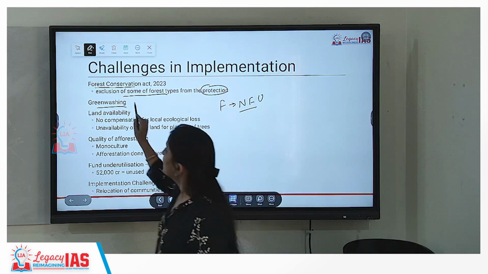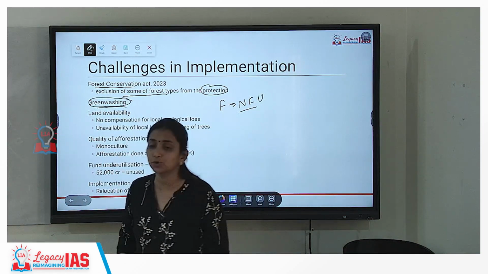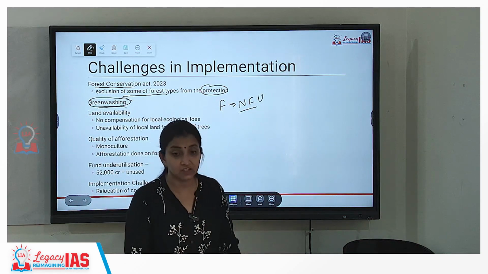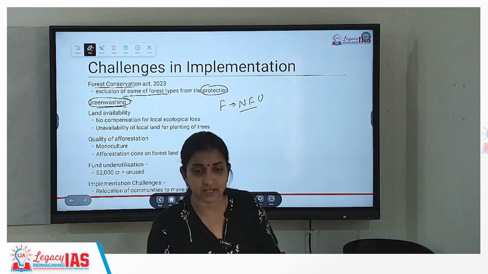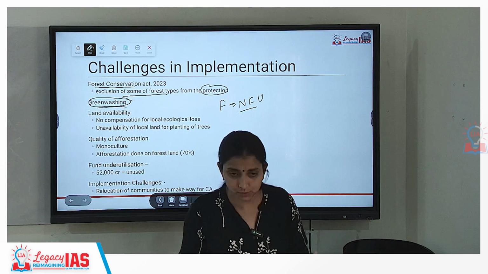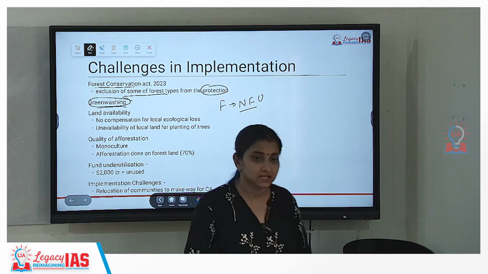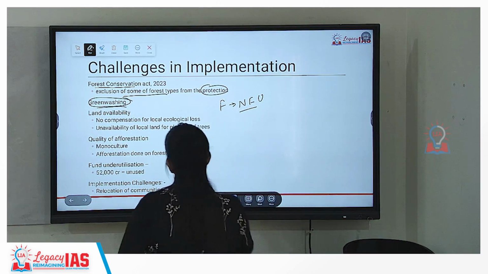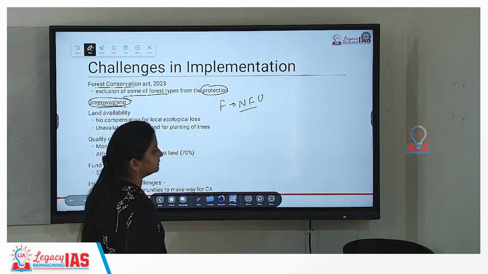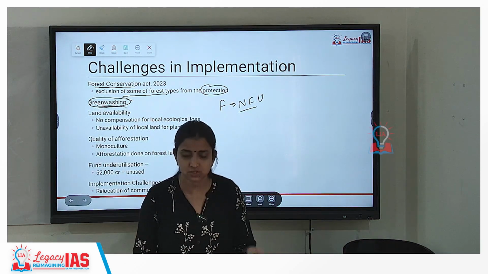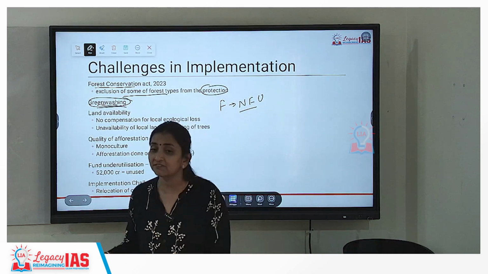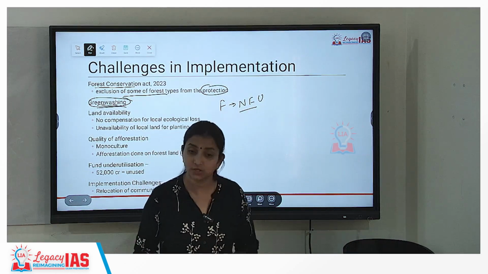But what if I am somehow able to prove that this is not a non-forest use? This is basically for the development of the environment only. This is for the betterment of the environment only that I am setting up this industry. Okay? So this is known as greenwashing. Greenwashing basically means I am projecting that my project, or this industry or this product, is actually environment friendly, wherein it is actually not.